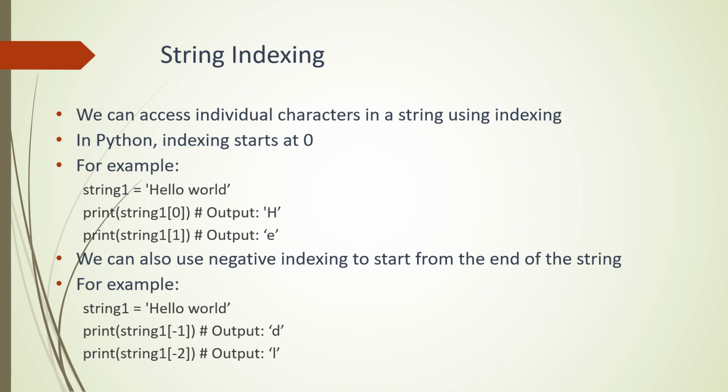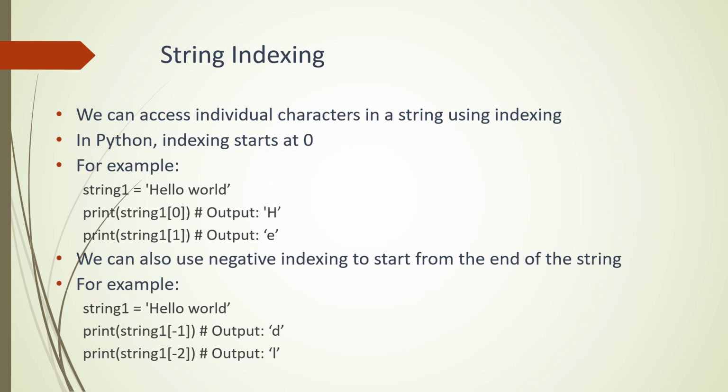We can also use negative indexing to start from the end of the string. In negative indexing, the last character in the string has an index of -1. The second to last character has an index of -2, and so on. For example, if you wanted to print out the last character, which is D, then we have to say print string 1, and inside the square brackets, we have -1.